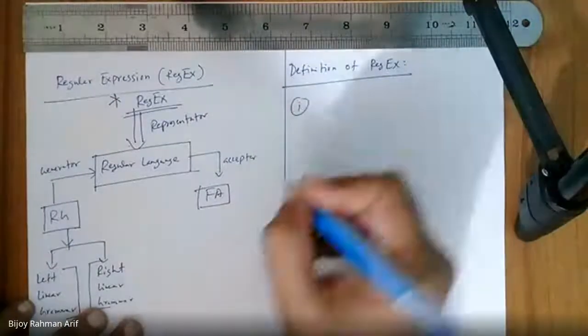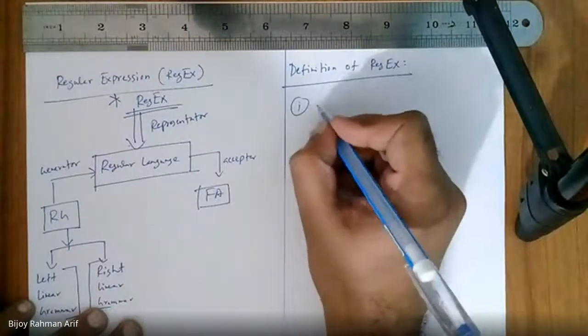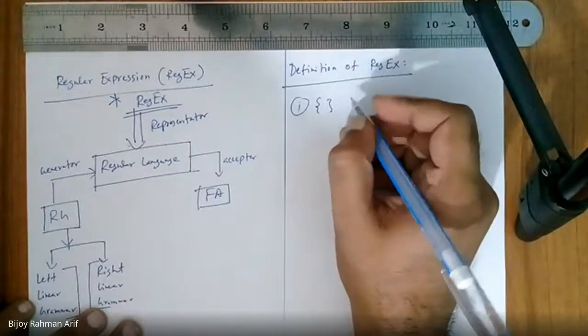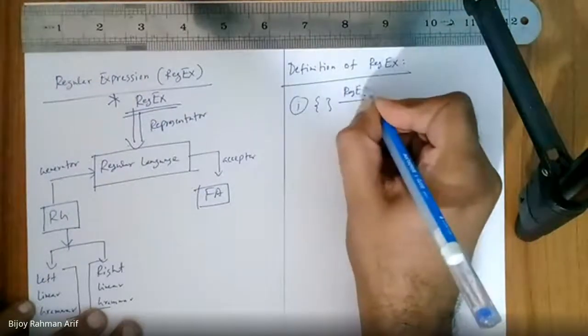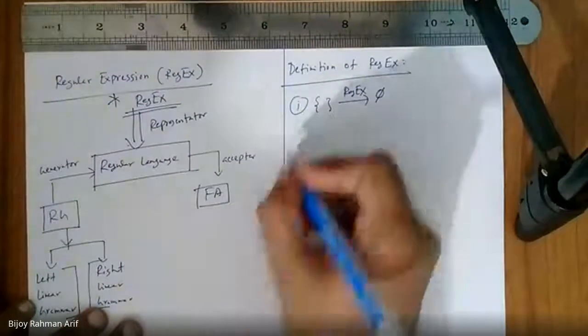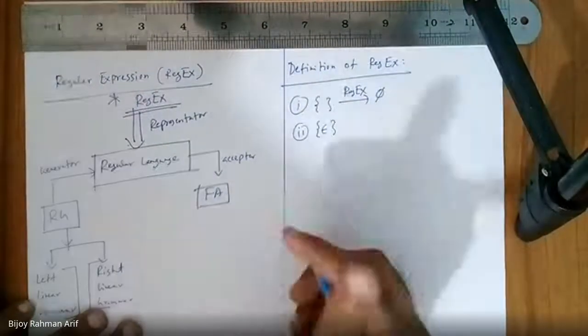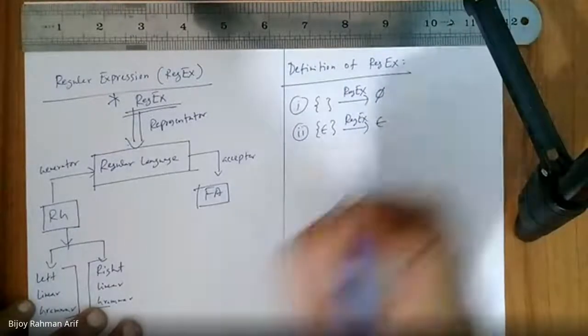Number one, the empty language: its regex is phi. A language which contains only epsilon, its regex is epsilon.